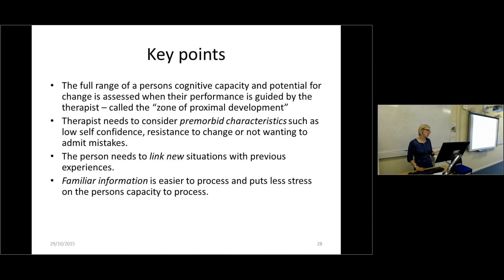So from this model, we look at the zone of proximal development. So we're trying to figure out how much capacity does somebody have to improve, and we're thinking about premorbid characteristics. So if somebody is low in confidence before the brain injury, they'll be low in confidence after. If they have a personality disorder before the brain injury, they'll still have it after the brain injury.